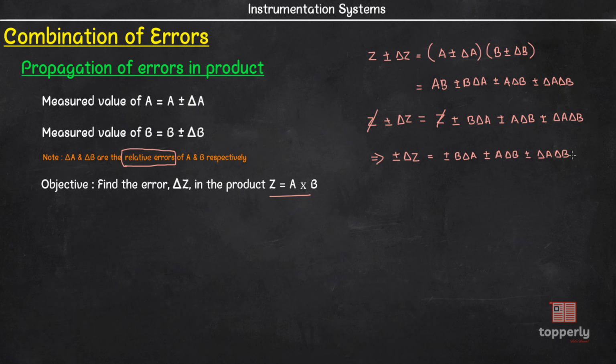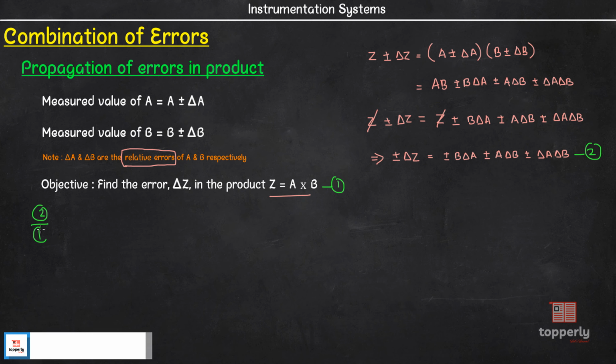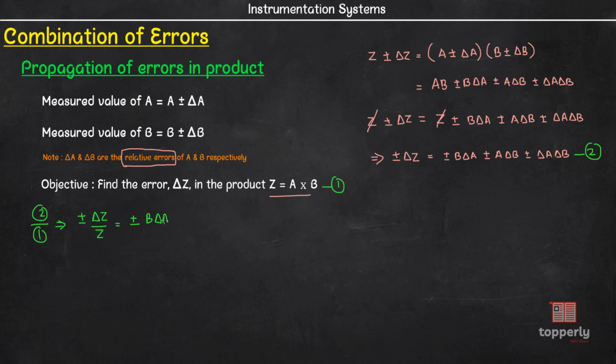B. And if we write this as equation number 1 and this as equation number 2, dividing equation 2 by equation 1 gives us plus or minus delta Z by Z is equal to plus or minus B delta A by AB plus or minus A delta B by AB plus or minus delta A delta B by AB.